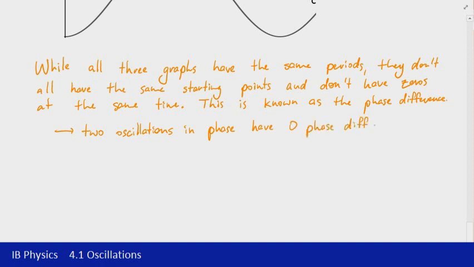If we have them doing exactly the opposite thing, so one's at a maximum while the other's at a maximum in the opposite direction, we'd say that they are out of phase.